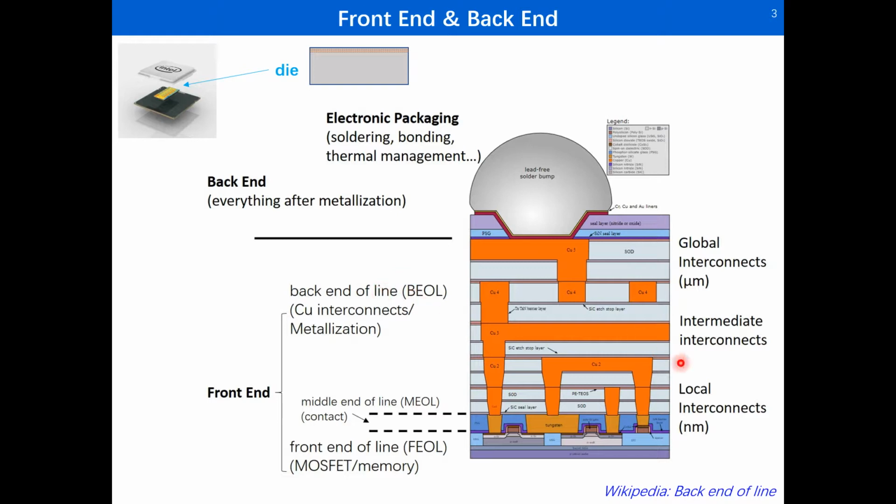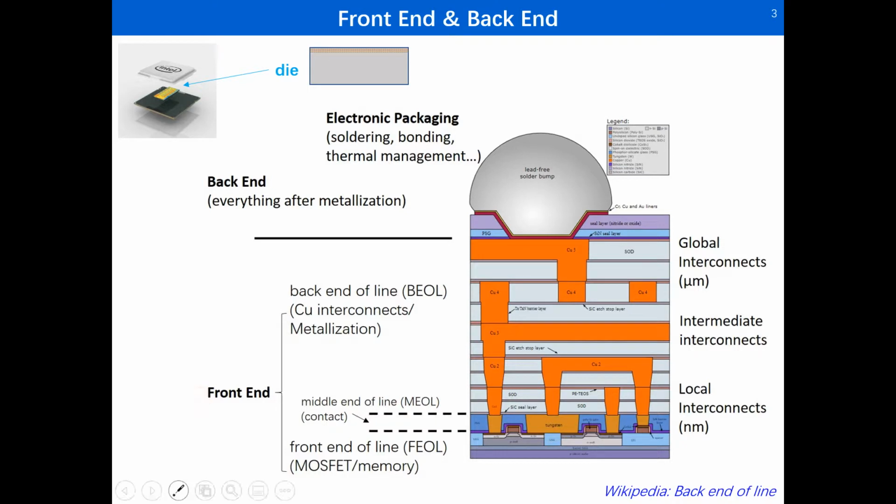Copper interconnect ranges from local to intermediate and global, from nanometer scale to micrometer scale. And the part directly in contact with CMOS is called contact. It is also for interconnect, but it is always made of tungsten or perhaps cobalt.